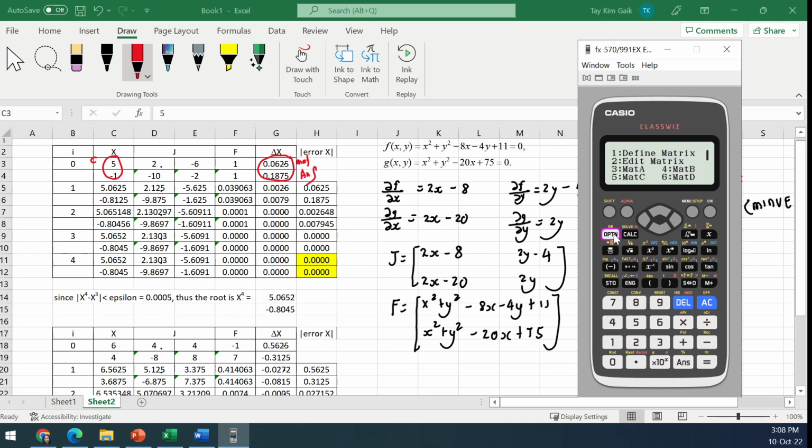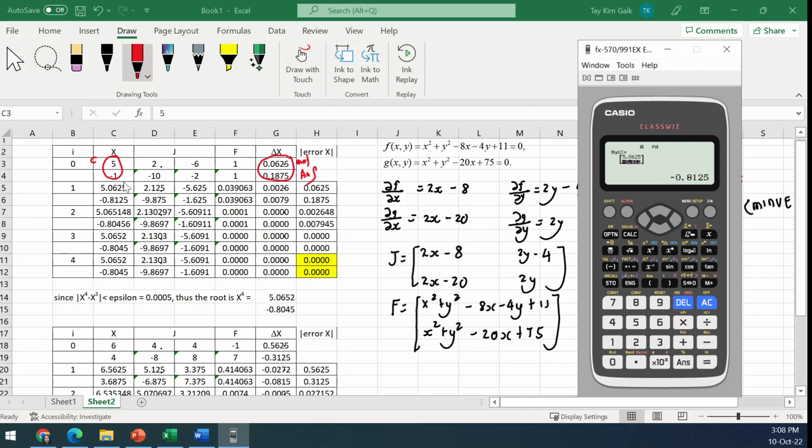So vector C you have to update. Option edit matrix C. Just now 5, negative 1, now becomes 5.0625, negative 0.8125.